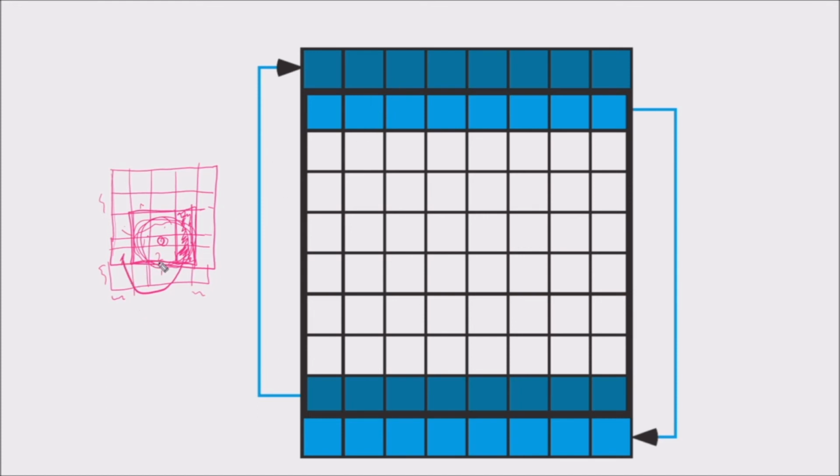And then again, I take these values right here and copy them to this bar right here. In that case, I have now spread my conditions to my neighbors. You can do it from this side to this side too. This means I now have a small square. Next time I will have a bigger square, and next time a bigger square.